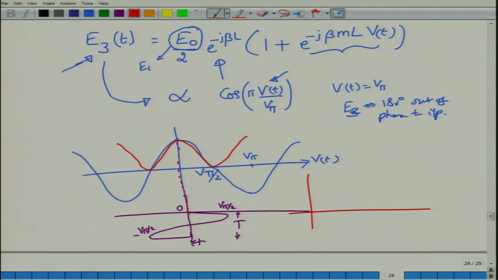So as input V of t is going through 0, output should be maximum, and as the input rises towards V pi by 2, output power falls. So output power falls and then stays this way. From V pi by 2, as the input starts to drop, the output power starts to rise.